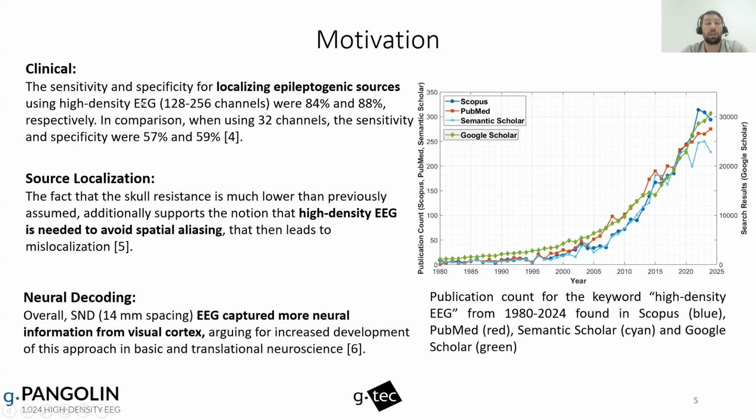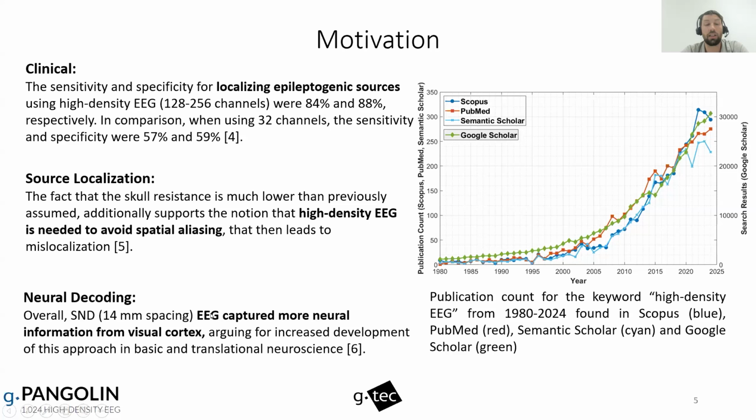For example, one study that I mention here compared a 128 to 256 channel setup to a standard 32 channel EEG setup, and they had much higher sensitivity and specificity in localizing the epileptogenic sources. With that, high density EEG is needed to avoid spatial aliasing and mislocalizations.